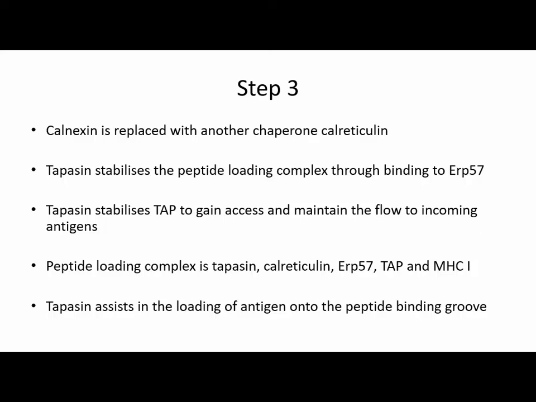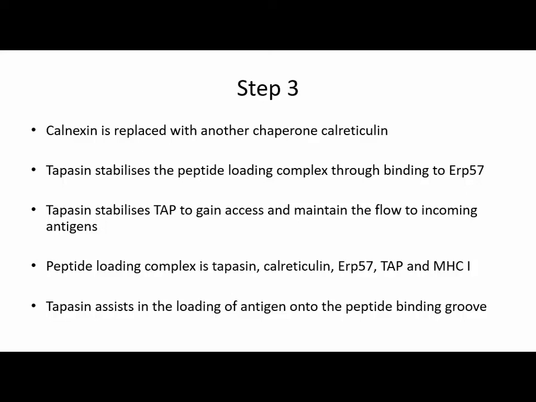Okay? And what happens is tapasin stabilizes TAP, and basically tapasin will bring TAP close together, and the reason it does that is to enable tapasin to get access to the incoming epitopes. And the peptide loading complex is tapasin, calreticulin, ERP57, TAP, and MHC1.